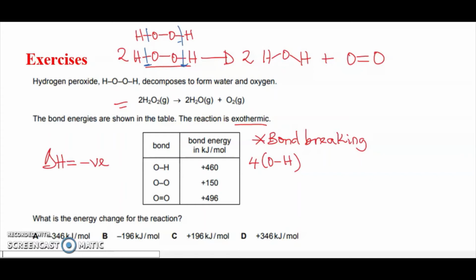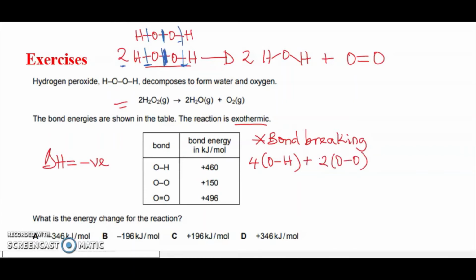So we have 4 OH bonds plus, what do we have again? Here we have to break one oxygen bond. I'm talking about this. We also need to break this bond. And remember, there is a 2 here, so we multiply by 2. 1 is here, 1 is here. So in effect, we have plus 2 OO bonds.